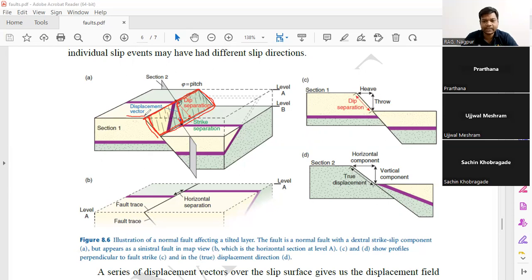Striations form when there is rubbing of the two blocks as they move.